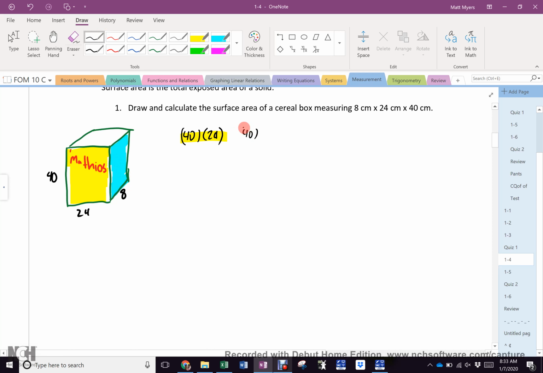There's the blue one, yeah? Everyone agree? Is there another rectangle here? There's the green one. What would it be? 8 times 24. There's the green one. Now, since I want the surface area, what math would I have to do with all 3 of those?